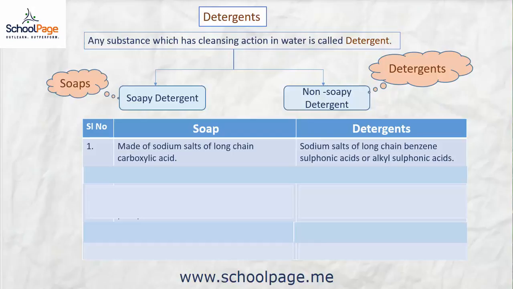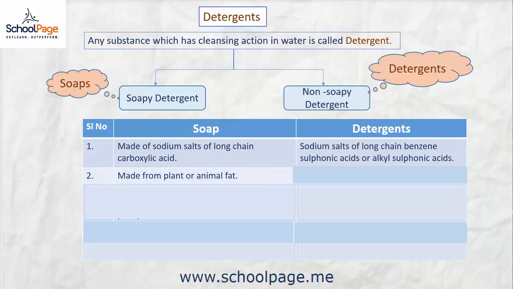Please make a note of the difference. Here the sodium salts formed are of long chain benzene sulfonic acids or alkyl sulfonic acids. So this is the main chemical difference between the two. In soap it is carboxylic acid; in detergents it is benzene sulfonic acids or alkyl sulfonic acids.